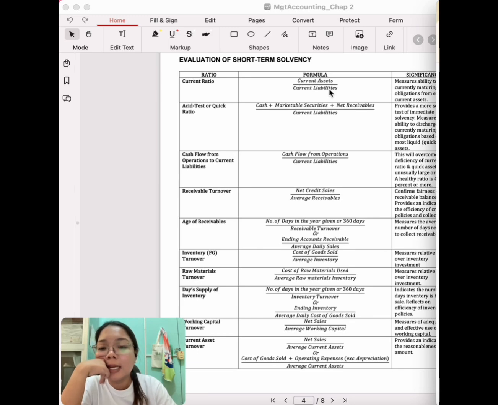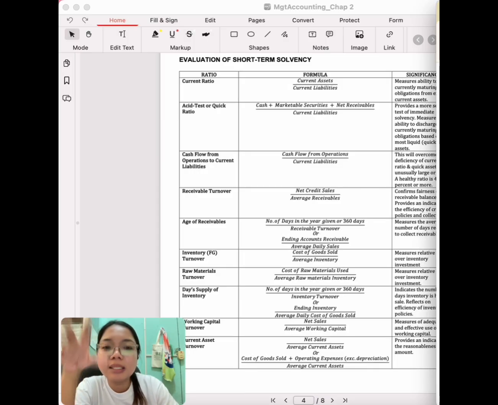We simply divide current assets by the current liabilities. So, for example, if yung current assets ng company ay 2 million pesos and current liabilities are 1 million pesos, that means 2 million divided by 1 million is equal to 2:1. So, anong significance nung 2:1 na yun?